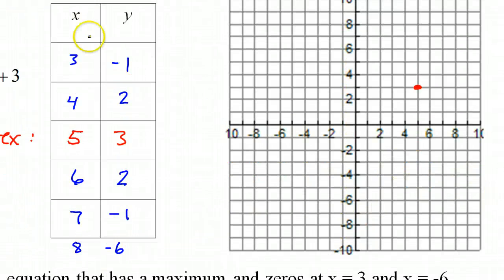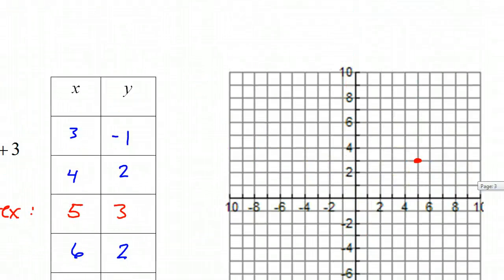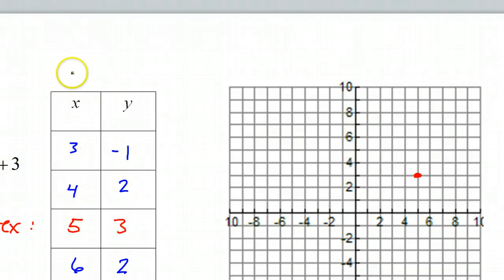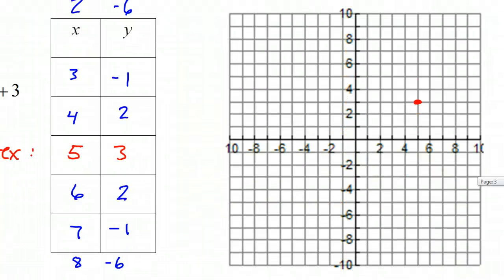And by the way, I could go the other way, again with the symmetry. So this should be 2, -6. Alright, because why not? So I'm just going to graph all these points now. So 2, -6. Alright, 3, -1. 4, 2.